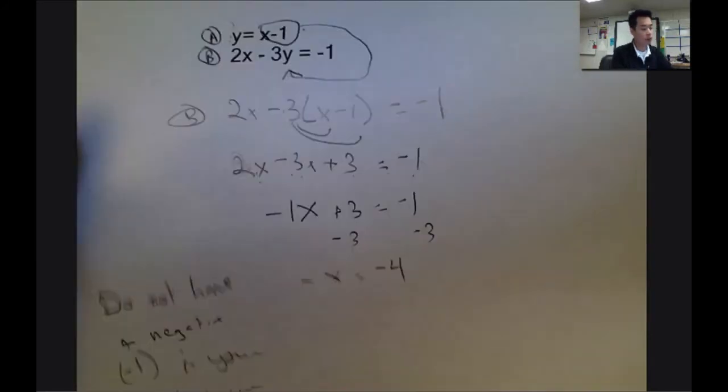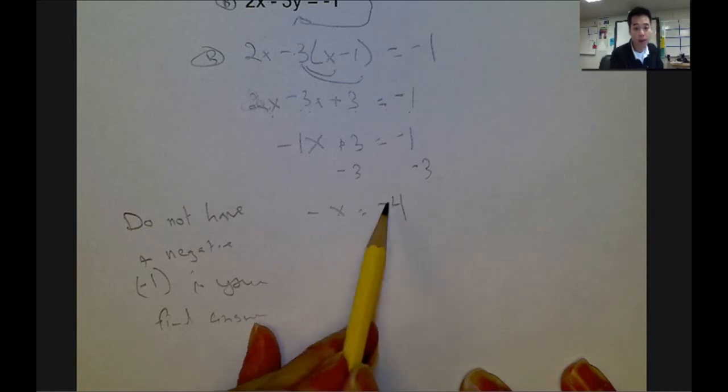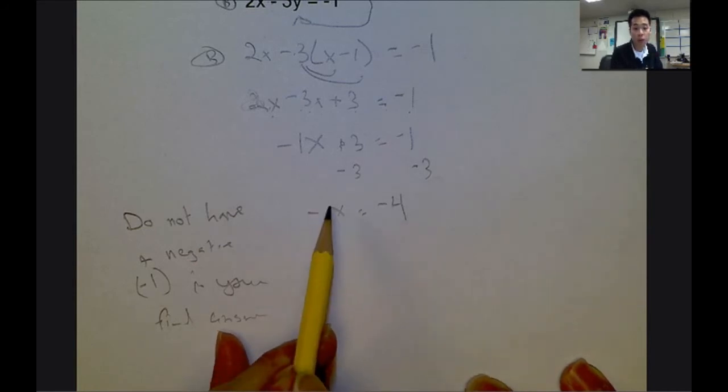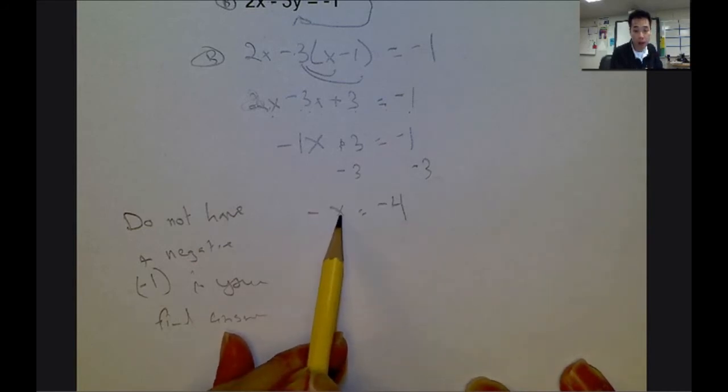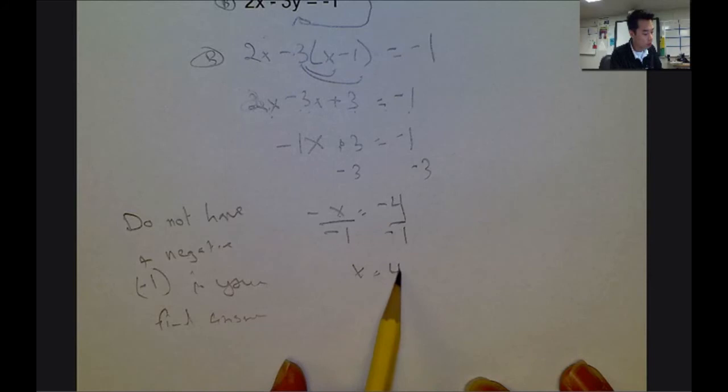So since this is negative 1x is equal to negative 4, this is technically saying the opposite of your variable x is negative 4. I'm just going to divide both sides by negative 1. X is positive 4. I am not finished.